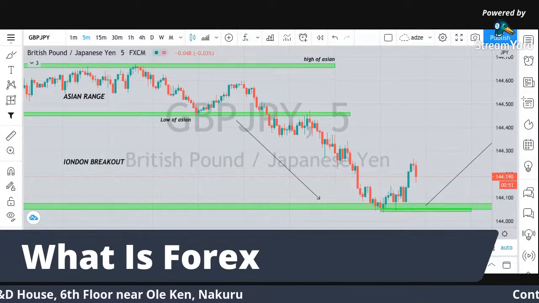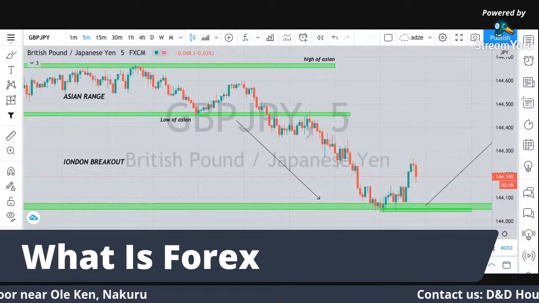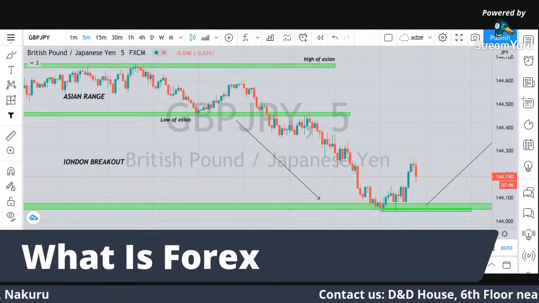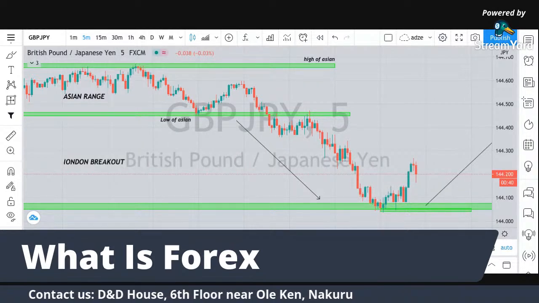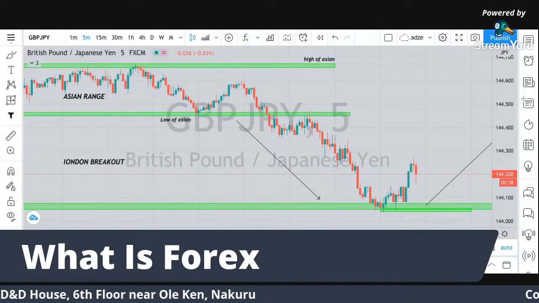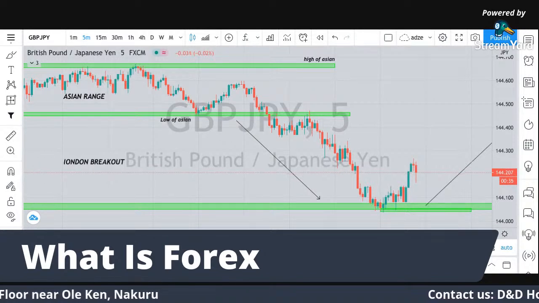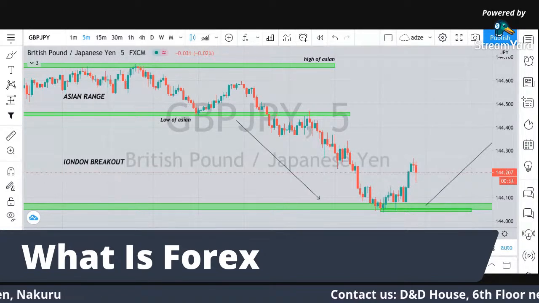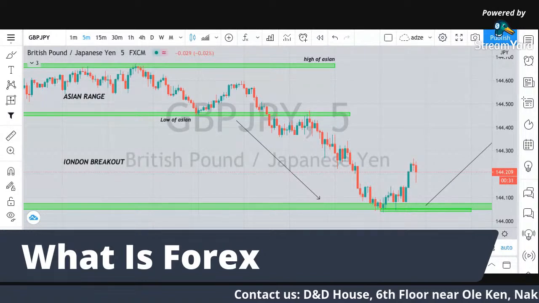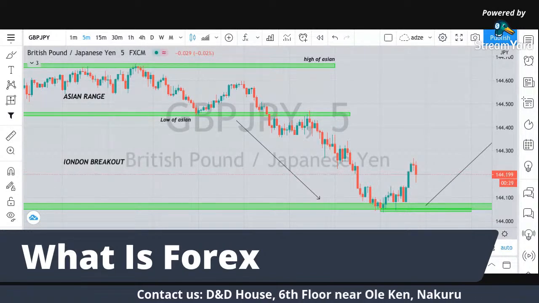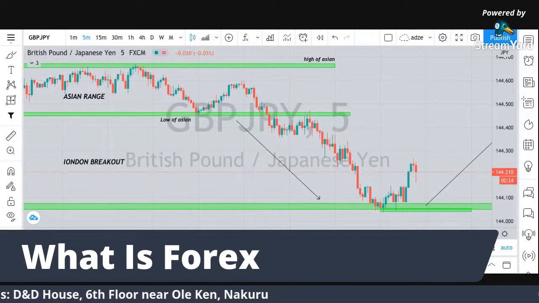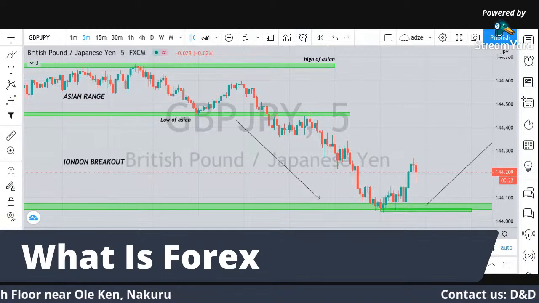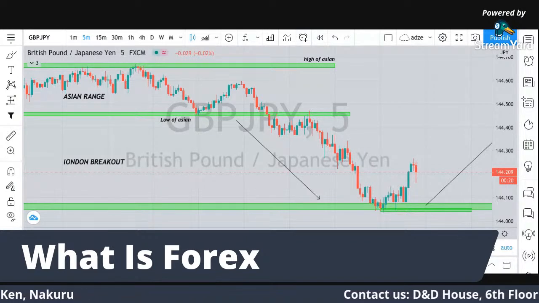For those of us who have friends or girlfriends or boyfriends in the US, they usually come with US dollars, and then you go to the bank, you exchange them to Kenya shillings. If you have a boyfriend from Britain, you come with pounds, and then you exchange the British pound to Kenya shillings. Basically, you cannot use the pound to transact here in Kenya. So that's why you need to exchange.